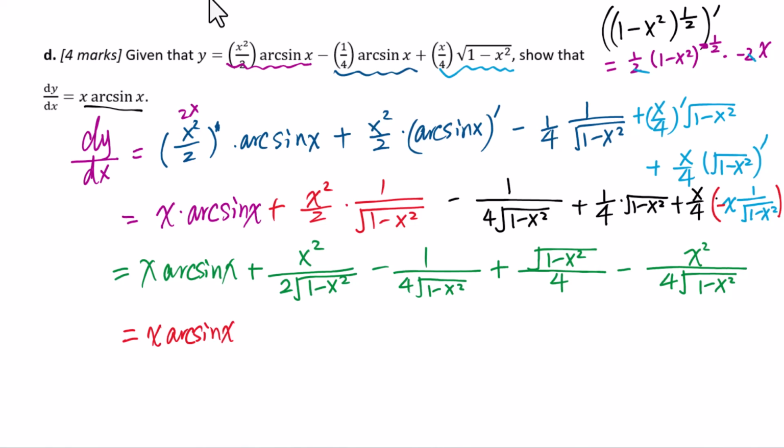We will get the same denominator, plus 4 square root of 1 minus x squared times 2 times 2.